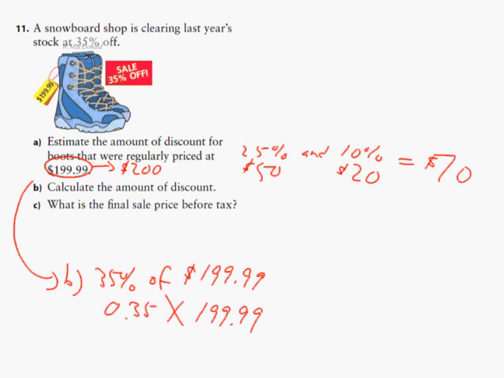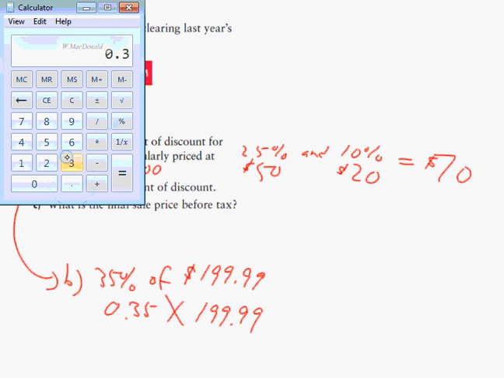If I take my calculator and go 35% of 199.99 and press equals, it will tell me it's this much money. So it's 69.9965. Now remember, we only need to keep 2 decimal places in money.